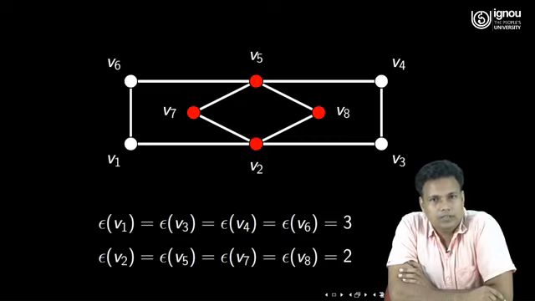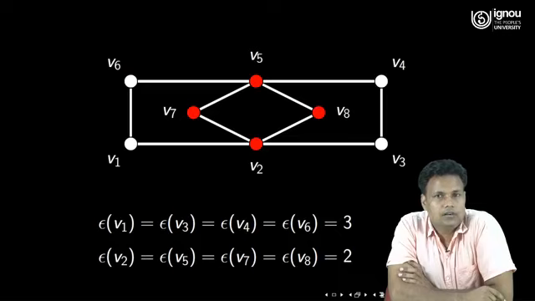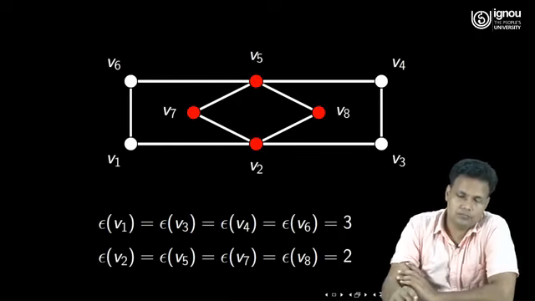Similarly, the vertices V3, V4 and V6 have eccentricity 3. Now look at the vertices V2, V5, V7 and V8, the vertices which are shown in red. They are at a distance of at most 2 from any other vertex. So their eccentricity is 2.